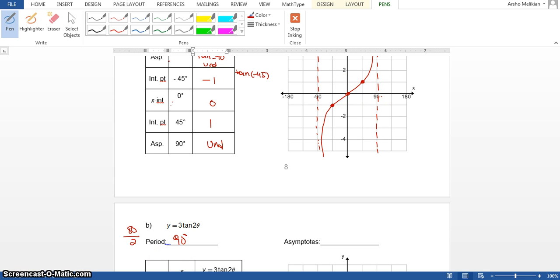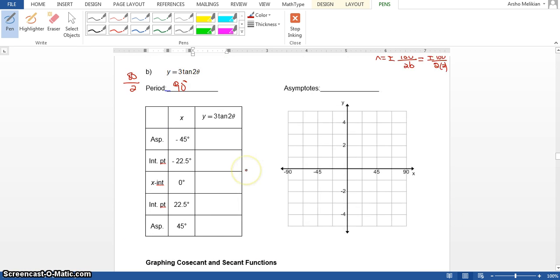So this is just going to be 90 degrees. The asymptotes are going to be x equals plus or minus 180 over 2b. So plus or minus 180 over 2 times 2. 45. So it's plus or minus 45. So the two asymptotes are at positive 45 and negative 45.